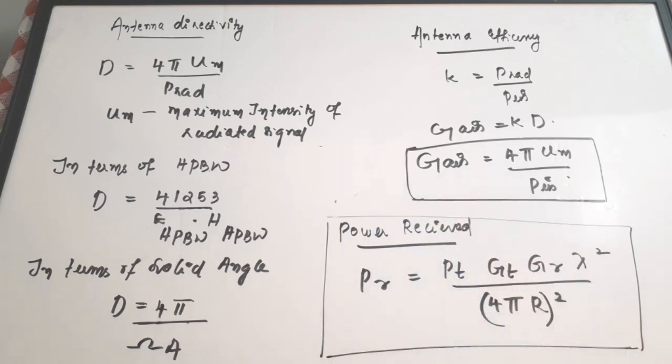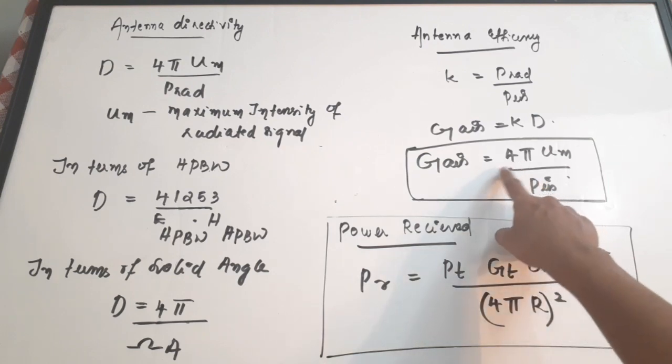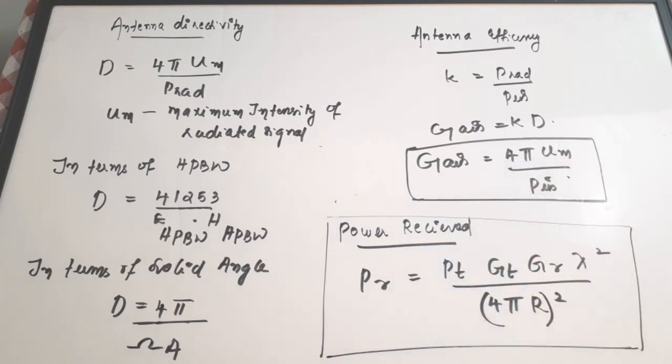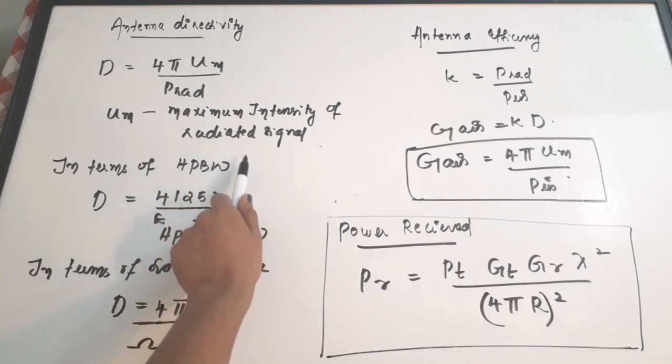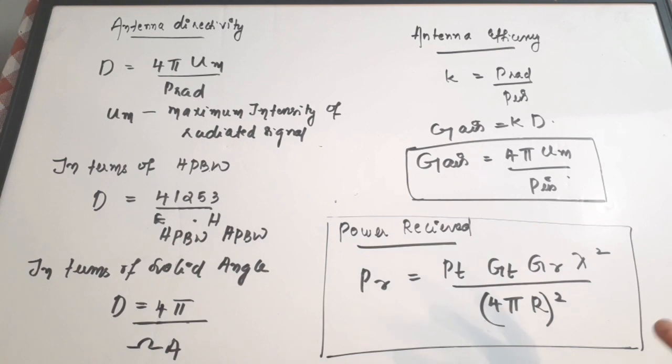Now, the gain you can also express in terms of the maximum intensity of the radiated signal and the input power, or the power fed to it. Okay, that is gain equal to 4 pi Um by Pin, where Um is the maximum intensity of the radiated signal, written right here, and Pin is the power input, or the power fed to the antenna.